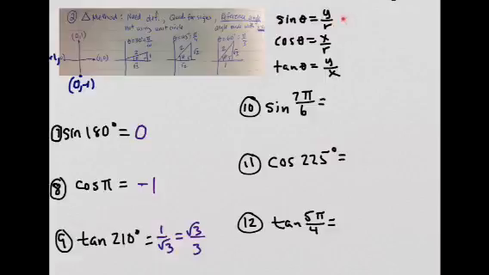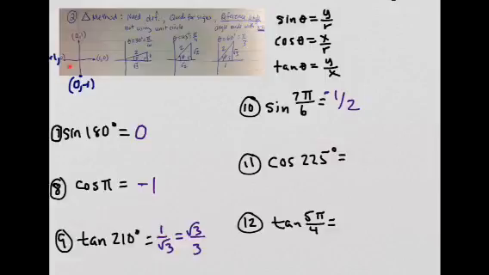And for sine, the definition is y over r. So this is y, and this is r. So it's 1 over 2. Oh, I'm sorry, and then I forgot to consider the sine, right? So in 210, sine is negative. So negative 1/2.